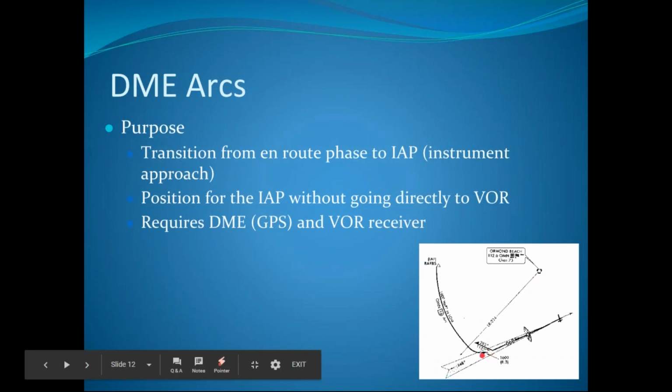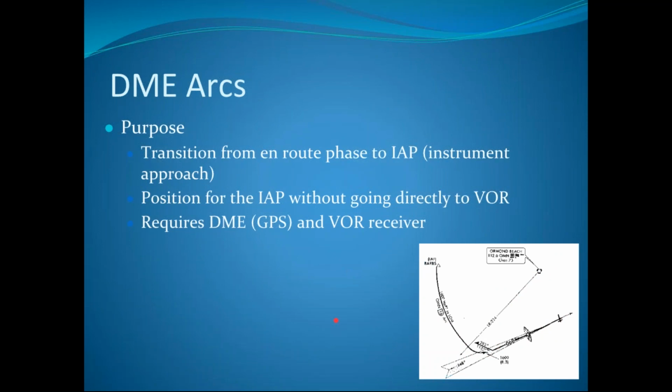He'll stay the distance that is indicated on the chart from this station until he crosses the initial approach fix. So it allows them to do the approach without actually flying over the station. And it requires a DME and a VOR receiver.